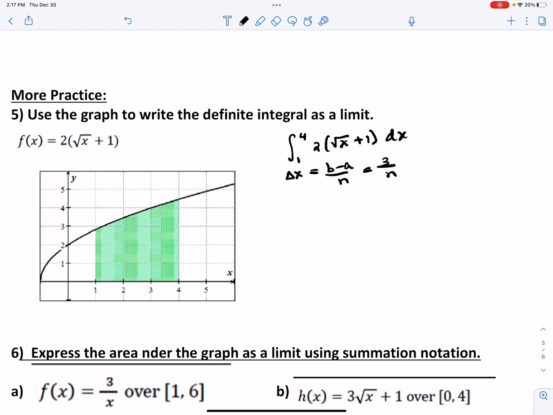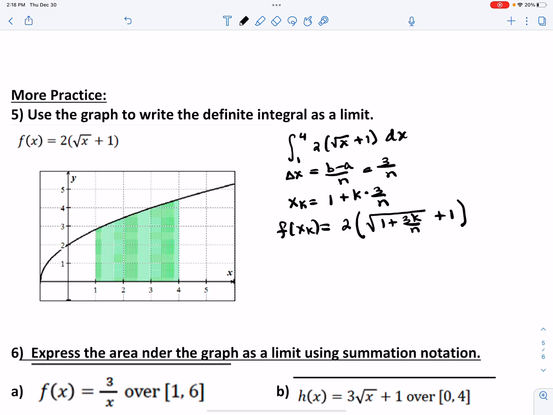So our x sub k would be 1 plus k times 3 over n, and f of x sub k says double, then square root the x sub k, add 1 to it, okay, because this is f of x sub k. Remember, this whole thing is f of x sub k.